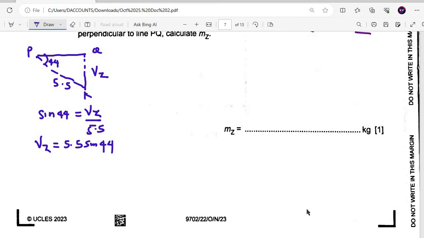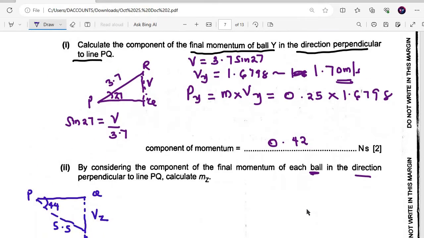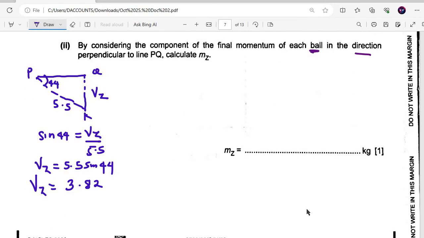Sine 44 times 5.5 gives the component of Z's final velocity perpendicular to PQ: 3.82.